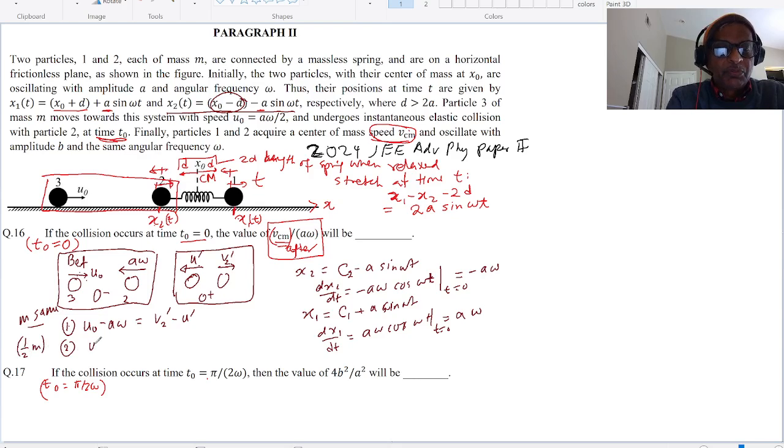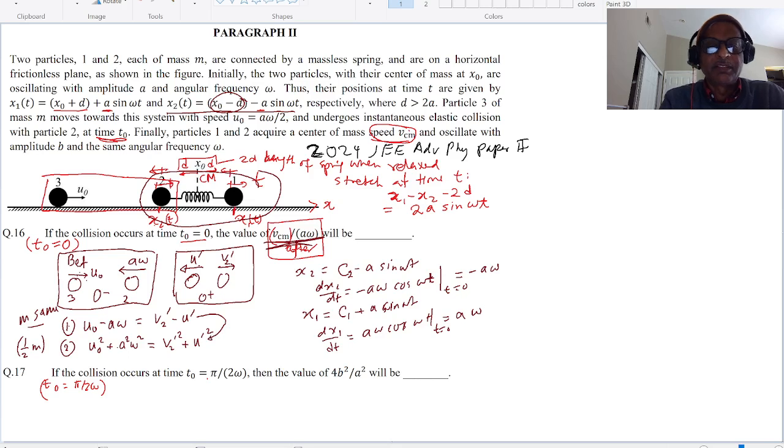So we just have u naught squared plus a squared omega squared equals v2 prime squared plus u prime squared. The question is trying to find VCM of this system, so I don't need to worry about the velocity u prime. It can be solved and plugged in here.